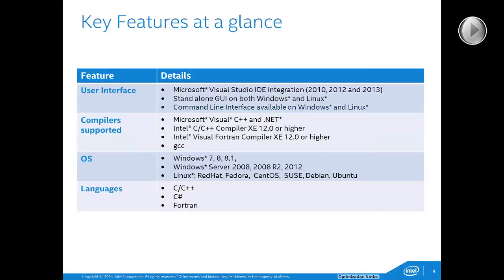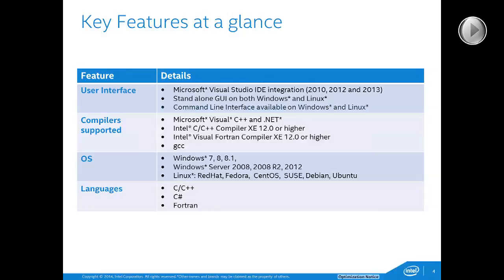Here's just a few things you might want to know about the tool, where it works, when it works. We have a GUI that integrates with Visual Studio on the Windows side, everything from 2010 to 2013. We have a standalone GUI available on both Windows and Linux platforms, and we have a full-featured command line interface available on both sides.